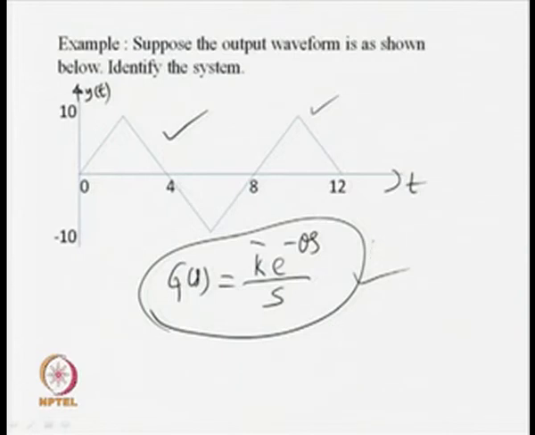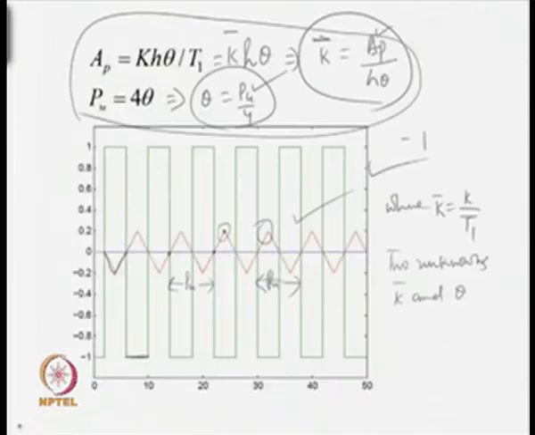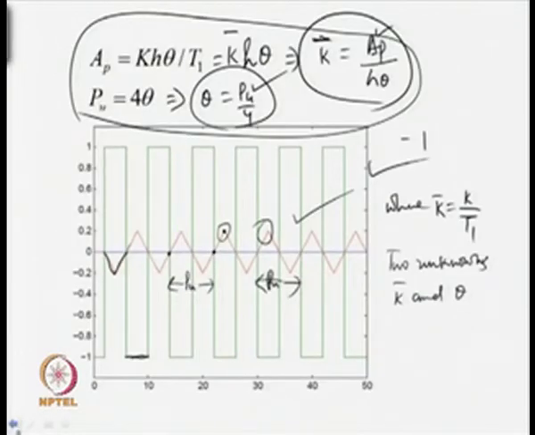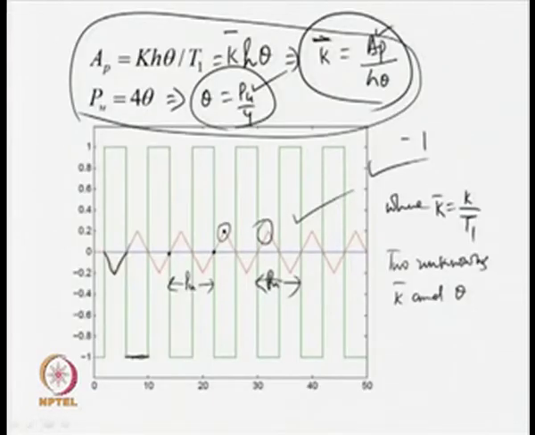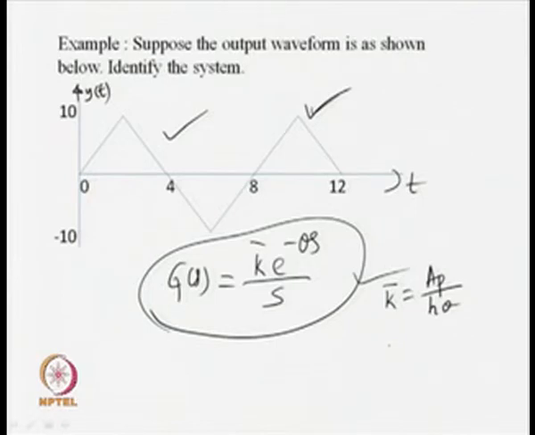So, periodic output signals are induced using relay control, and therefore we can now find from here the parameters of the model. k bar is equal to Ap upon h theta, and similarly for the other relationship, theta is equal to Pu by 4.